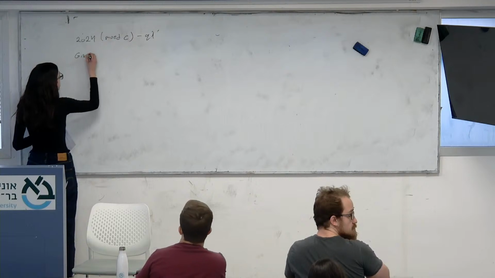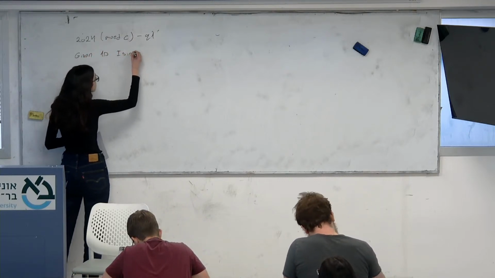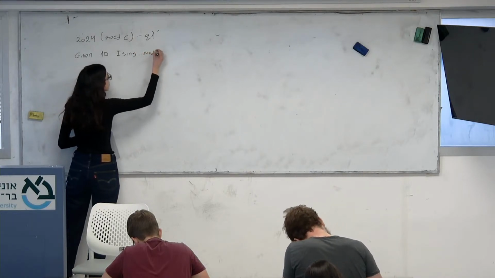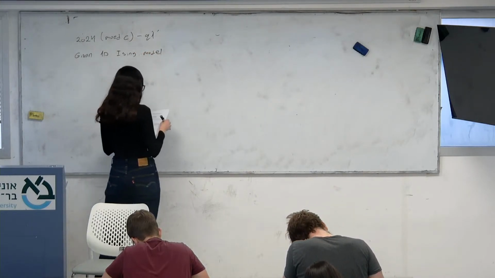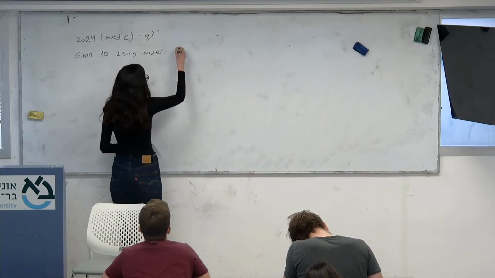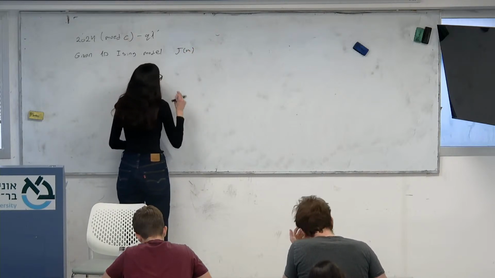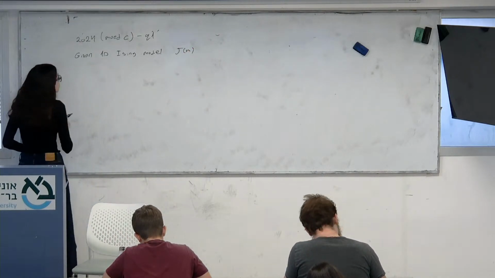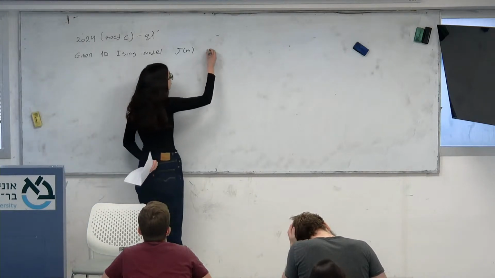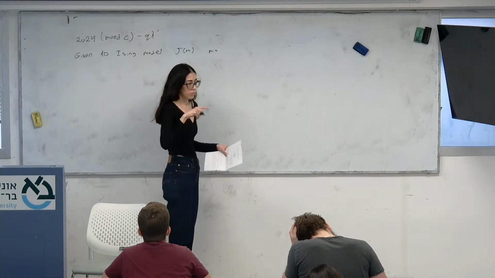So given a one-dimensional Ising model, with interaction between the different spins, J of m. So m is like the distance between the different spins.